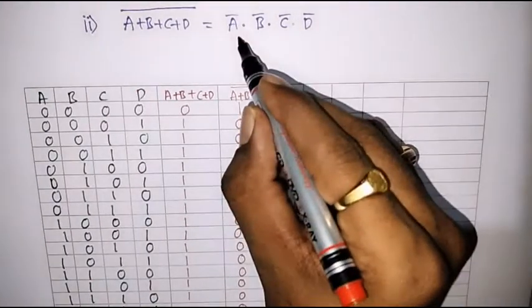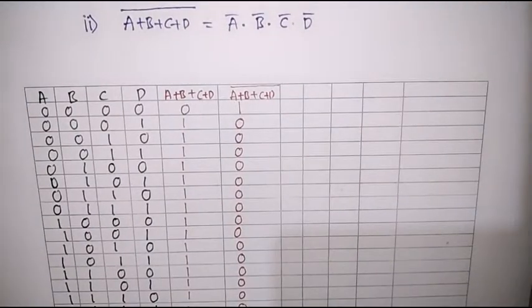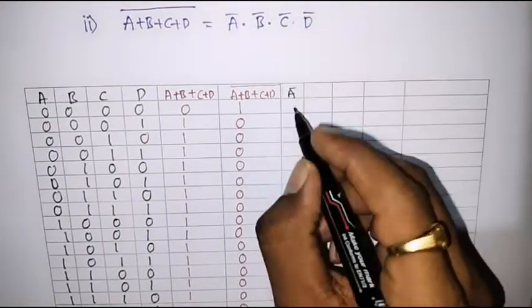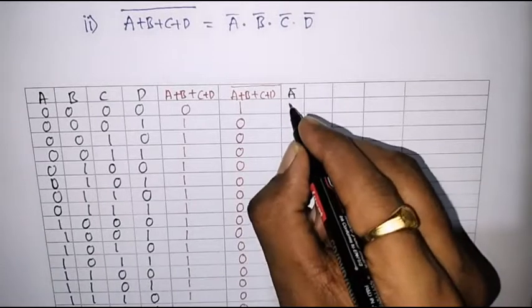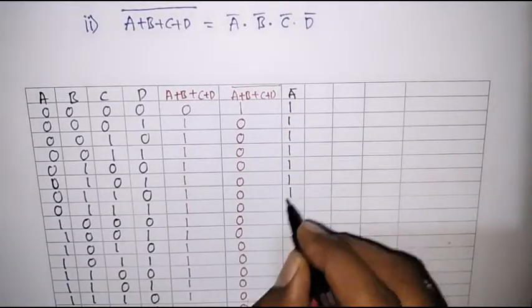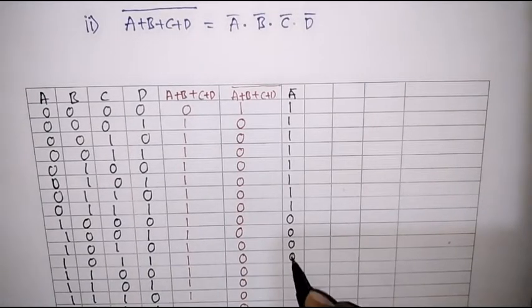Now we'll take the RHS expression. First we'll write A bar. A bar is the complement of A, that is 1 for the first eight rows, and the rest are all zeros.